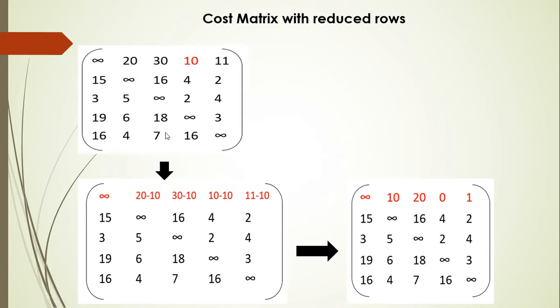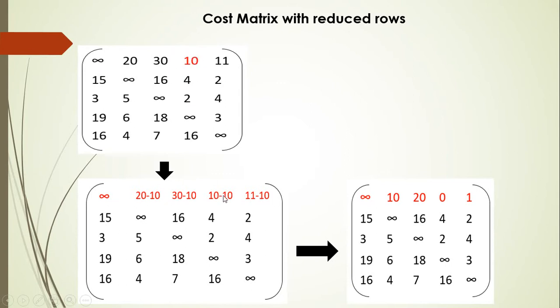So for that, at first we will find out here the minimized cost from this matrix and then we will reduce it from rows as well as from columns. So at first we will find out here the cost matrix with reduced rows. So in the first row the minimum cost is 10.